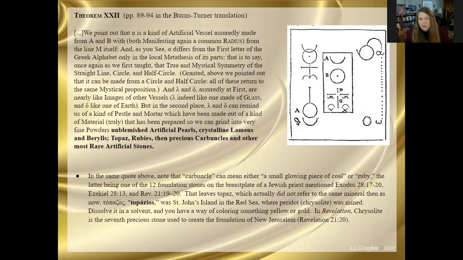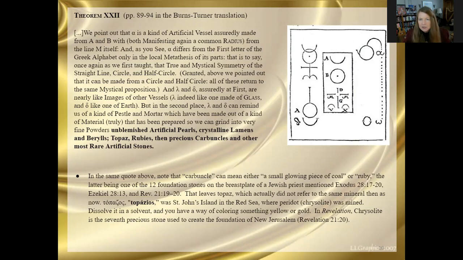And so it's interesting, in the book of Revelation, chrysolite is the seventh precious stone used to create the foundation of New Jerusalem. St. John is living in the same time period as this great fusion going on in Alexandria.